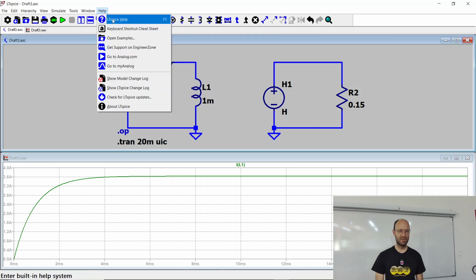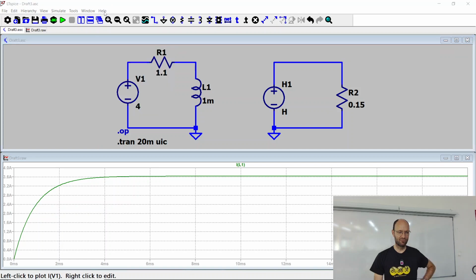So let's just open up the LTspice help, and there should be a menu that corresponds, oh, interestingly, it opens the help in a browser, this is different than what I was used to. But okay, anyhow, it opens in the browser, and there's some help for the circuit elements.